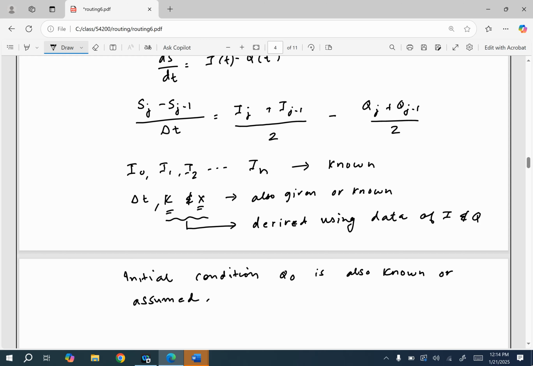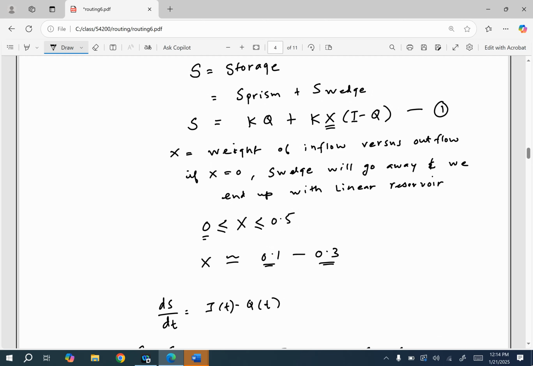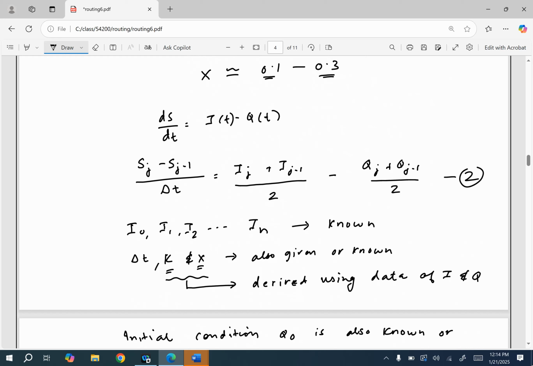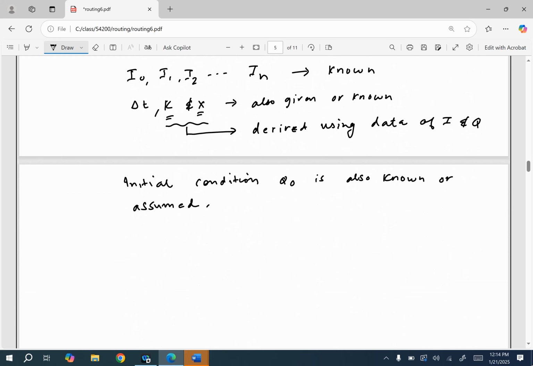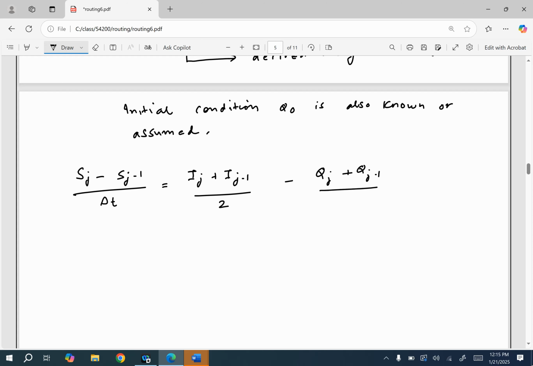Okay, so this is our second expression, and then this is our first expression, and we do the same thing that we did for linear reservoir. So I will rewrite: Sj minus Sj minus 1 over delta T is equal to (Ij plus Ij minus 1) over 2 minus (Qj plus Qj minus 1) over 2.